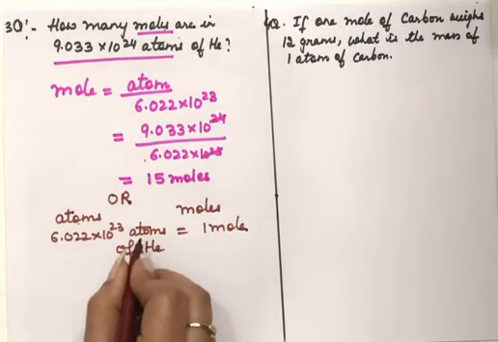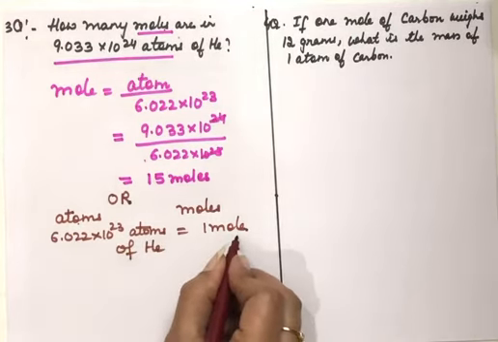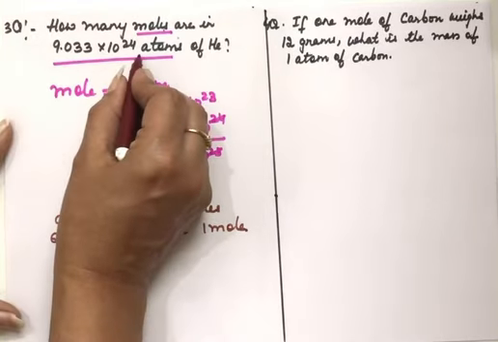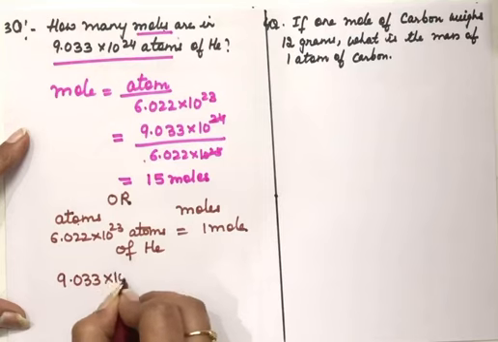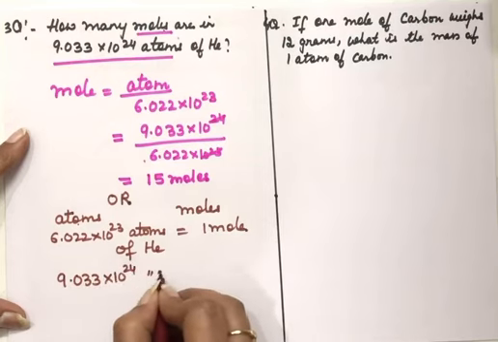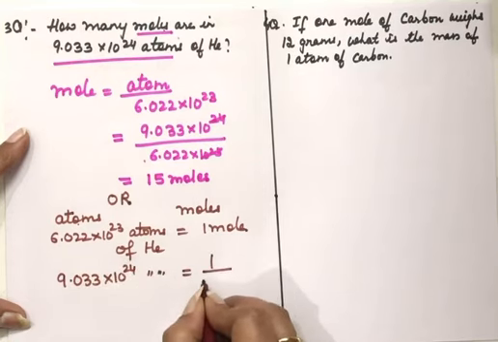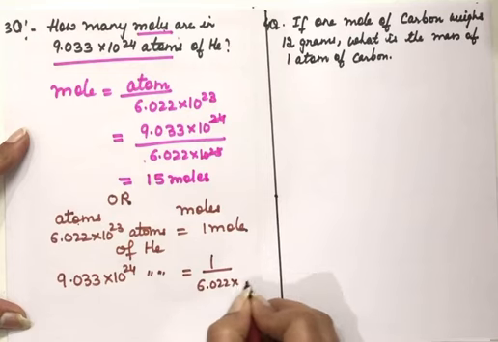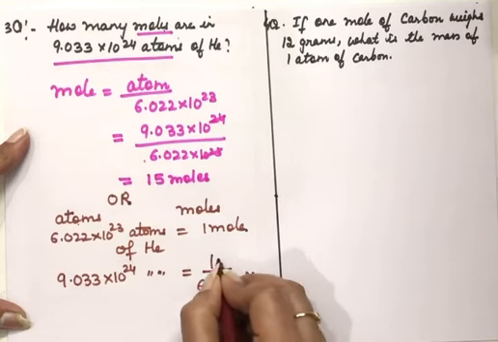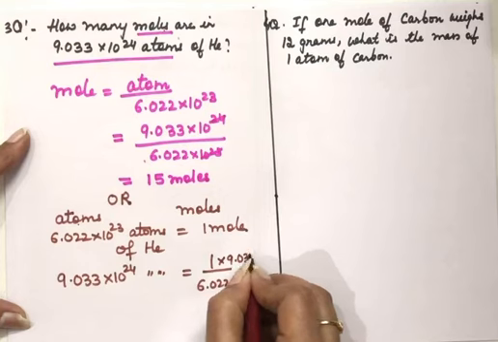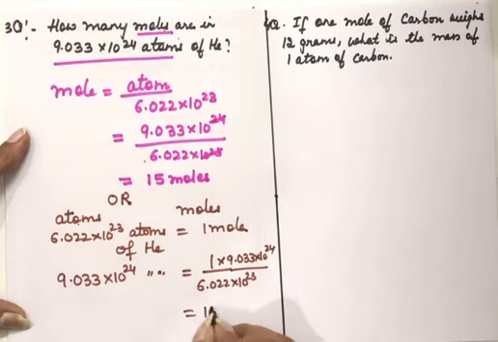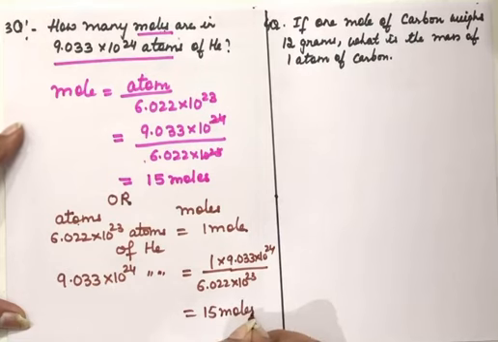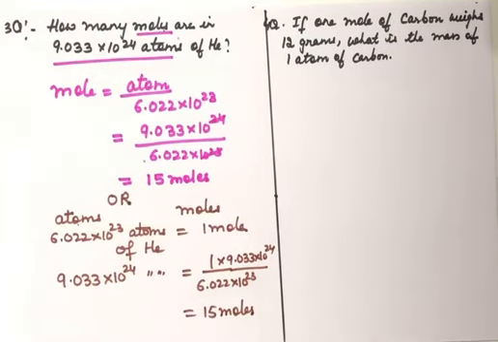And 9.033 into 10 raised to power 24 atoms of helium are given, so how many moles are there? 1 upon Avogadro number into 9.033 into 10 raised to power 24, and after solving we get 15 moles. So this is the third question.